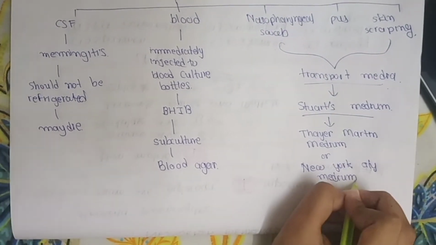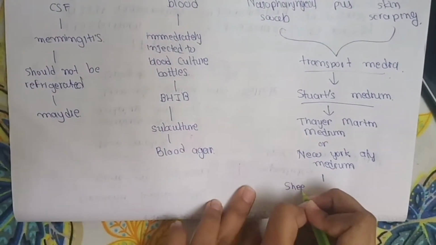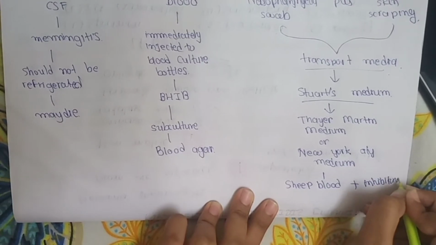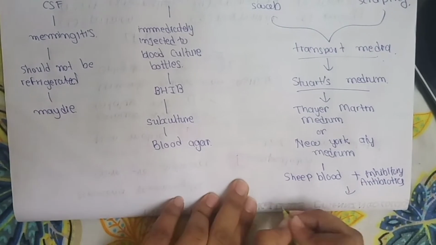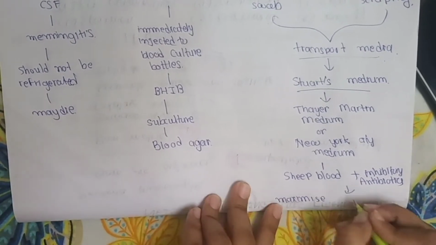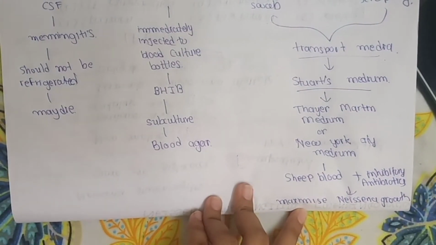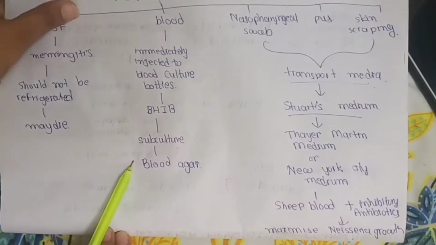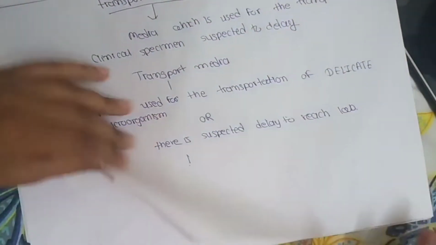It is mainly a sheep blood agar with antimicrobials which inhibit the other bacteria and maximize Neisseria growth. So with the blood specimen, we inject it into BHI broth and then subculture it in blood agar, and all these specimens are inoculated in the Thayer-Martin medium.